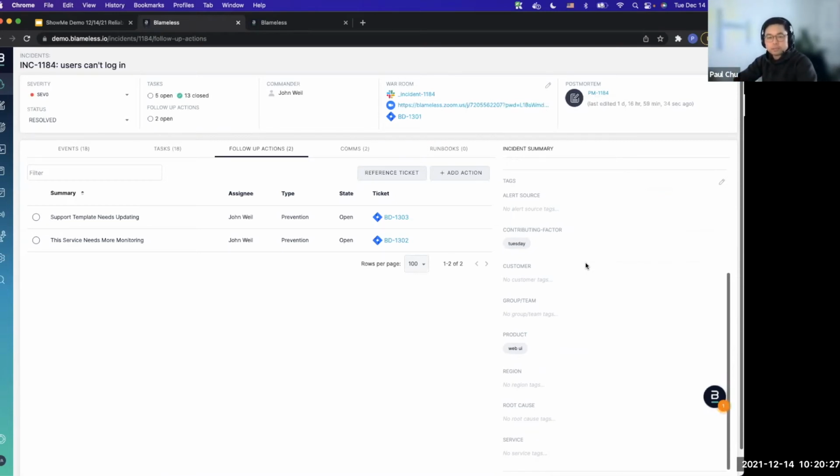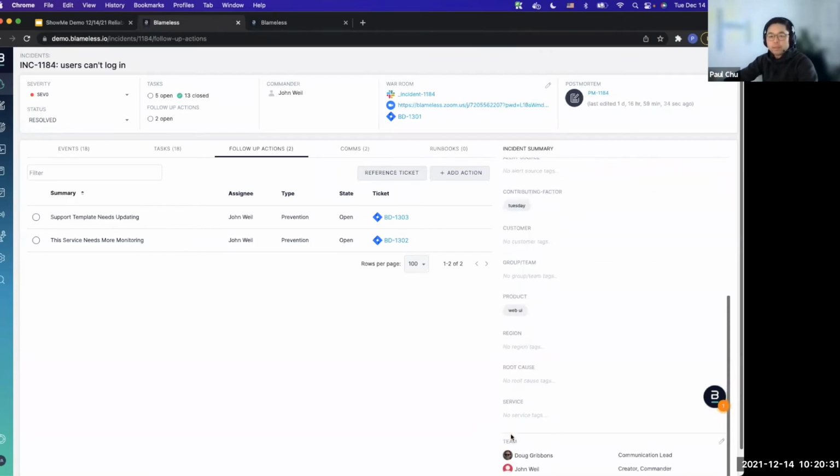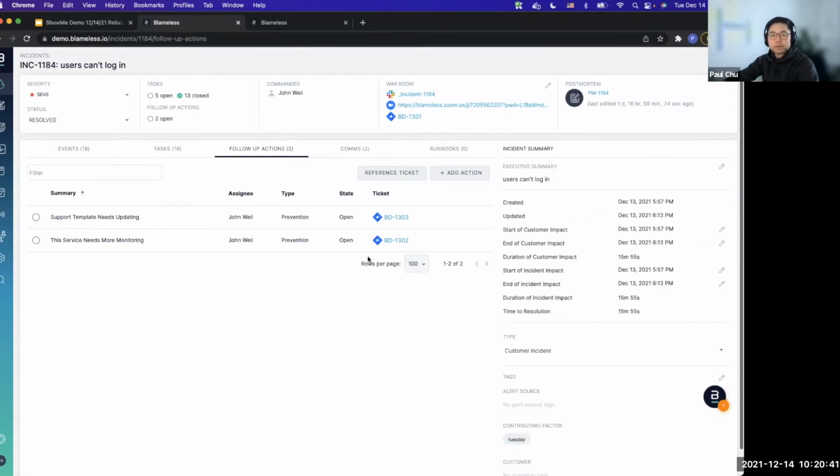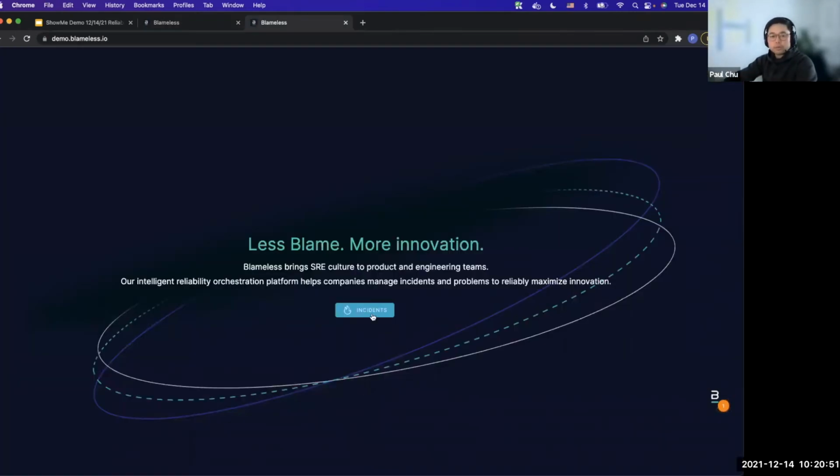And these are all customizable too, right? So of course, product could be one that you'd want to track. Maybe service is another one. Region, which customers are impacted, how the actual alert came in. So there's a lot of metadata being included with this incident payload, which, as you start to build out this repeatable process when it comes to dealing with incidents, you're then able to go into the different dashboards here.